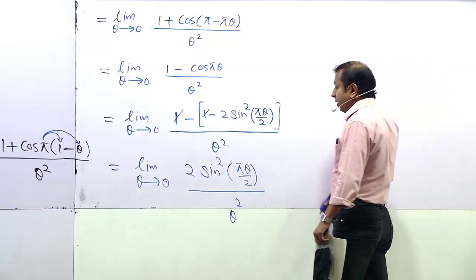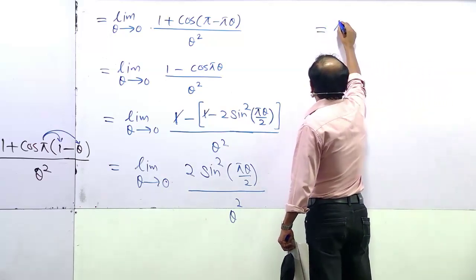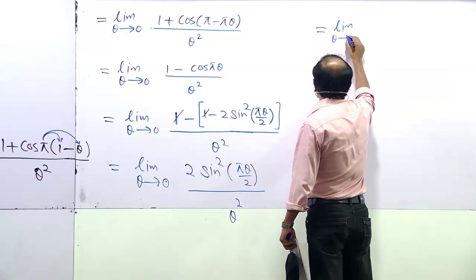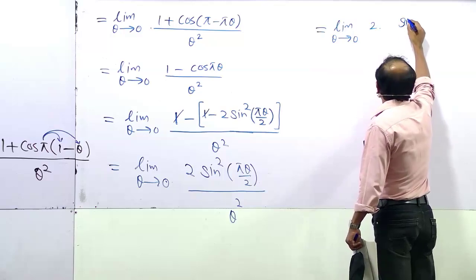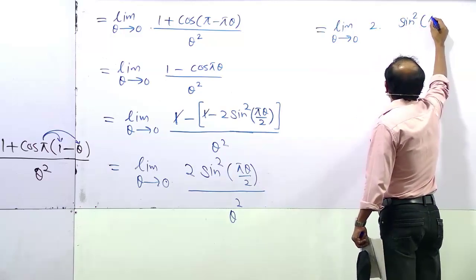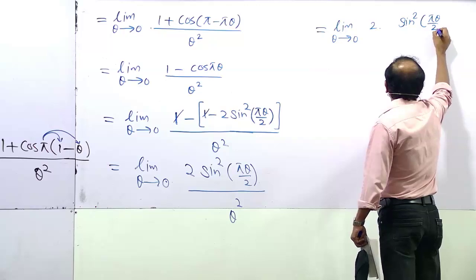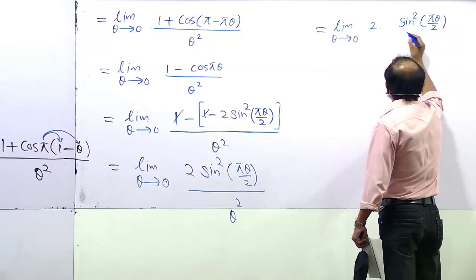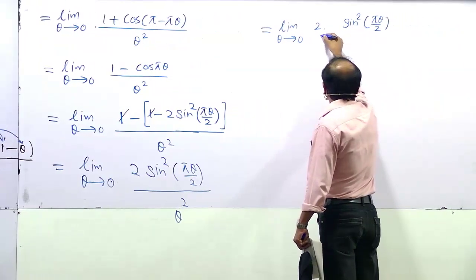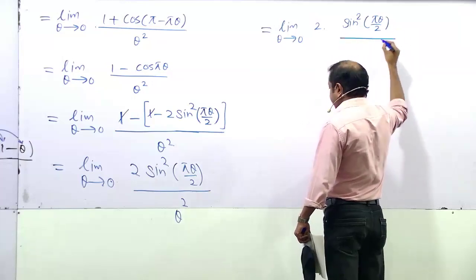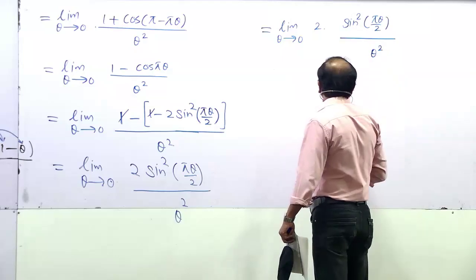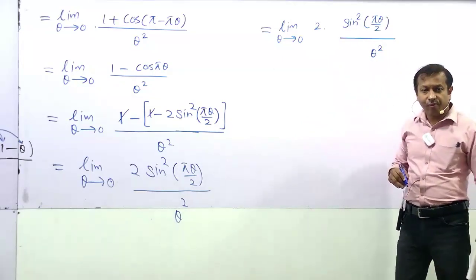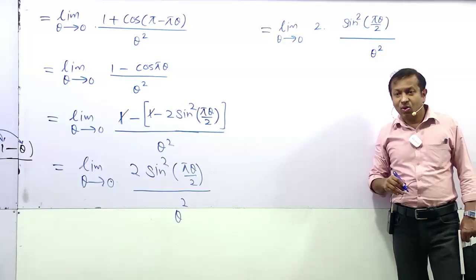Right. People, I write it like this now. Same thing only I am writing now. 2, sine squared, pi theta divided by 2. Here, right? We have this. We have theta squared. Right. Okay.